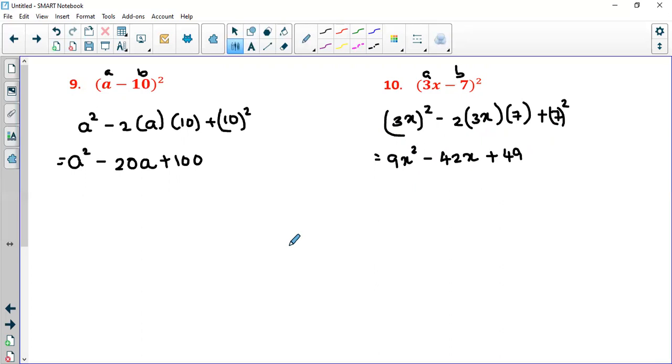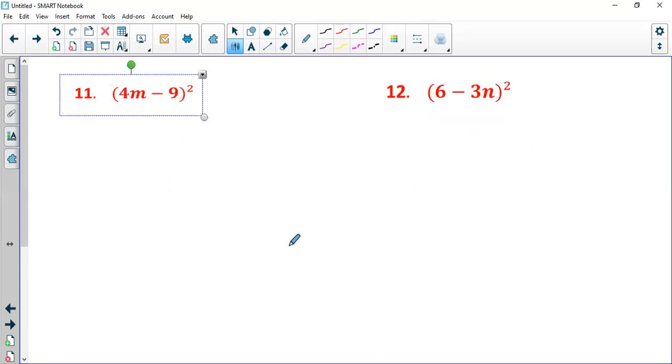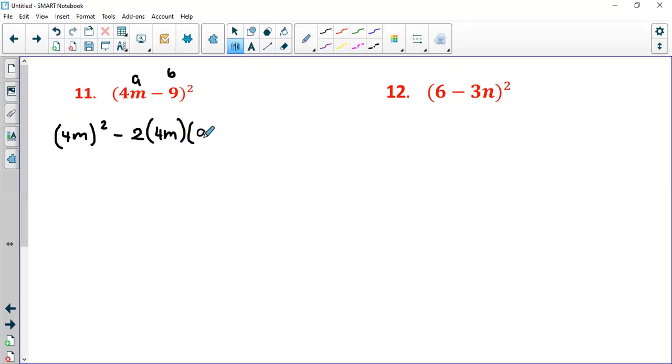It's easy, only it needs a bit of practice. You can do it perfectly. Okay, question number 11. Again, it's the same one. I'm not writing the formula again. So it's a and b with minus, which means (a minus b) whole square. So this is going to be 4m squared minus 2ab plus b square.